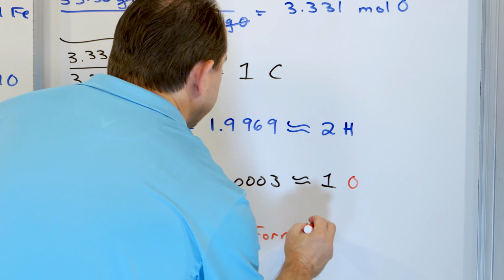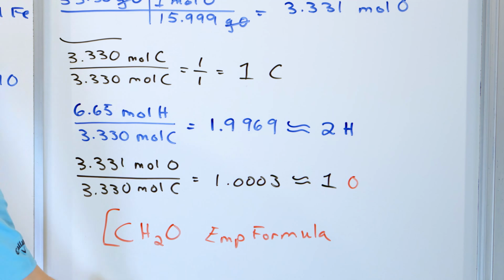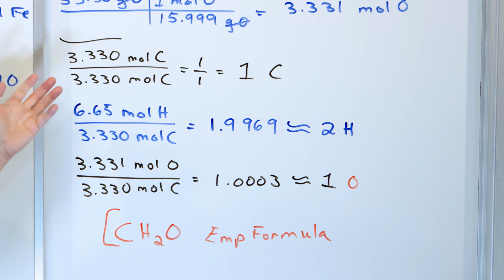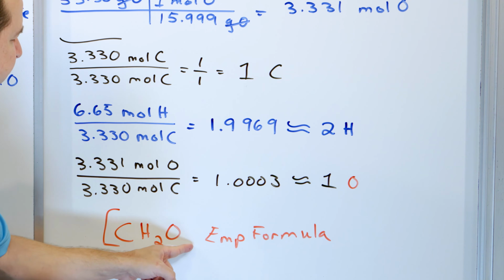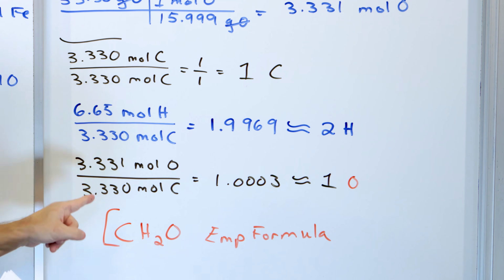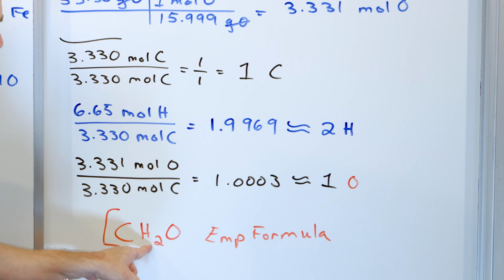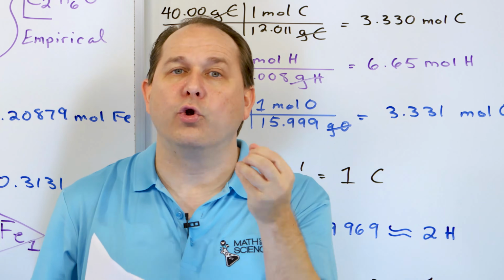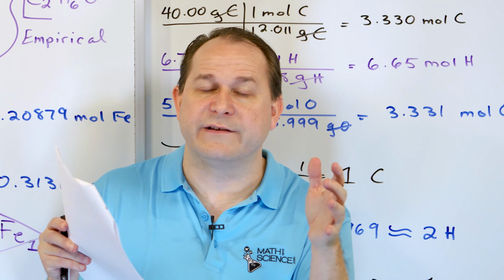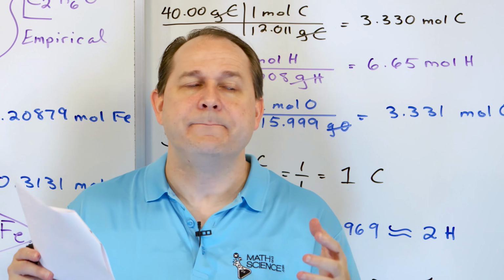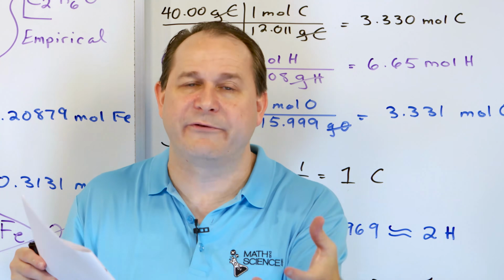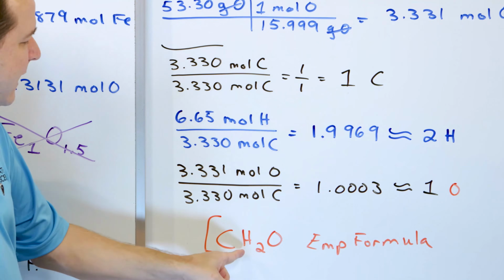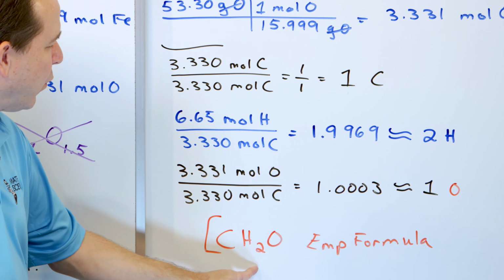Now, in the back of your mind, you need to be thinking that this is just the smallest whole number ratio of the moles that we have in our sample. So this is what the molecule could look like. It might be 1 atom of carbon and 2 atoms of hydrogen and 1 atom of oxygen. However, it might not be. The actual molecule in your container that you measured might actually be exactly 2 times the subscripts of all of those, or exactly 3 times or 4 times. Because if it was times 2, it would be C2H4O2.